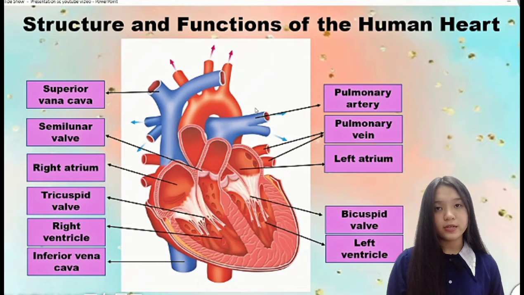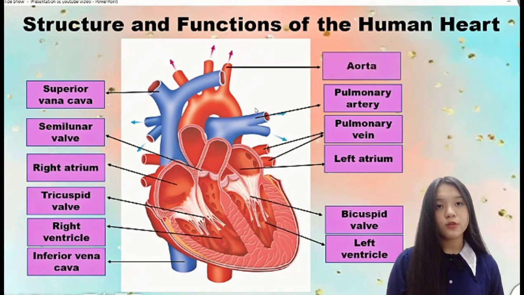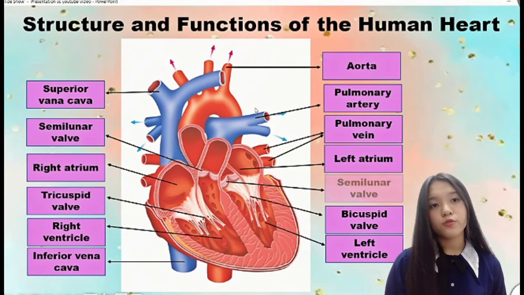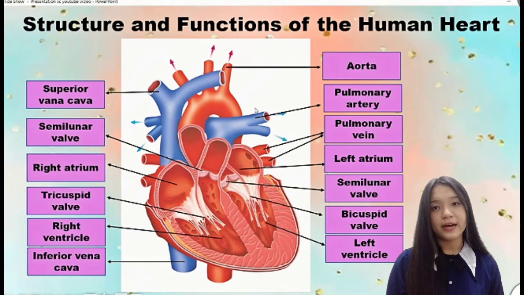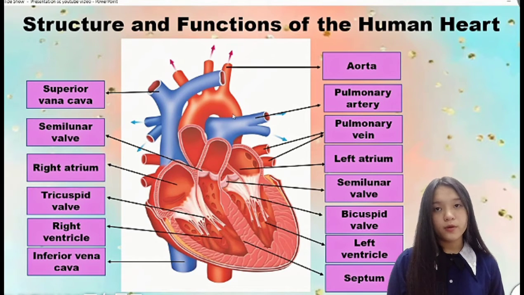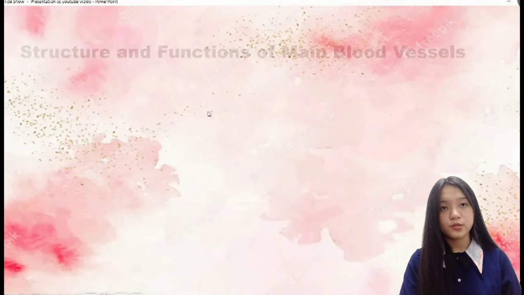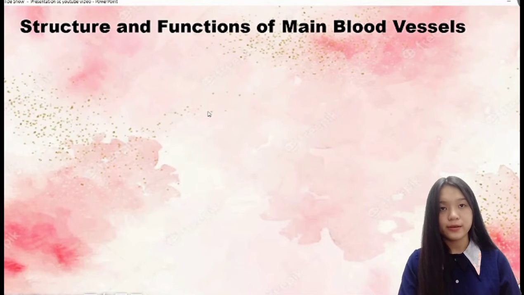When the left ventricle contracts, oxygenated blood is forced to flow out into the aorta through the semilunar valve to be carried to all parts of the body except the lung. Last, let me explain the septum. The septum is the muscular wall which separates the left side of the heart from the right side of the heart to prevent mixing of blood.